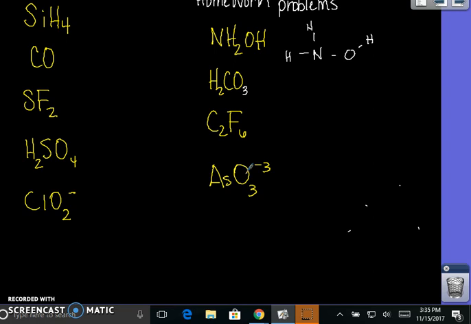You're going to upload this and just show me how amazing you are at drawing Lewis structures. This really is just for fun. This is not meant to be necessarily right or wrong. I'm just looking to check that you followed the rules and that you've tried this. It gives us a really sincere appreciation for the shapes of molecules. But let's take a look at this charged molecule first.